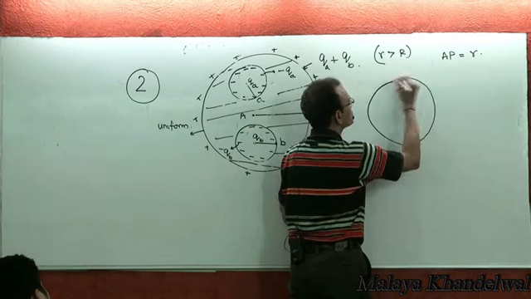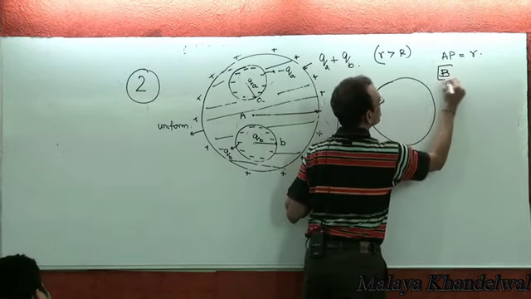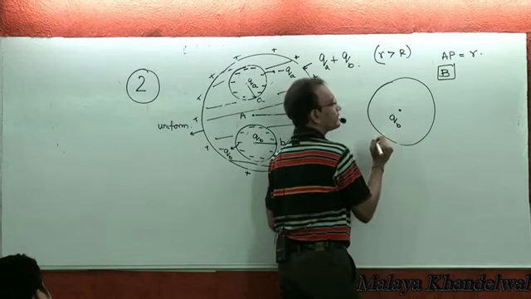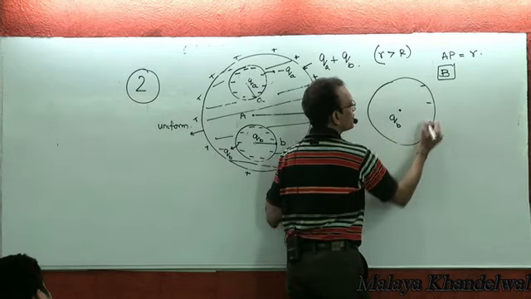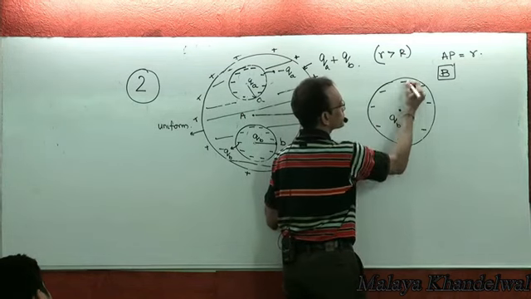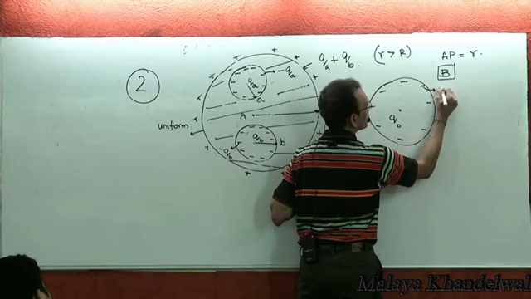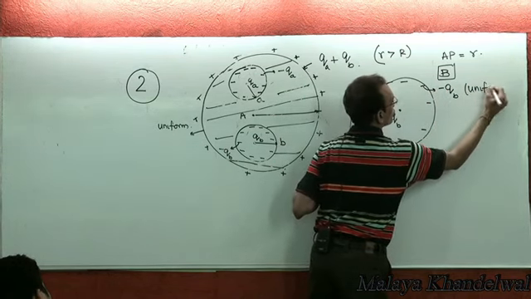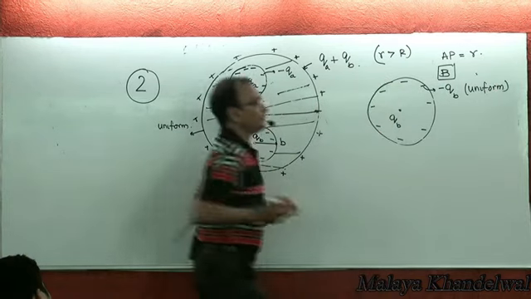This is cavity B, just drawn separately. There is QB at the center, and there is minus QB uniformly distributed on the cavity walls. Right?